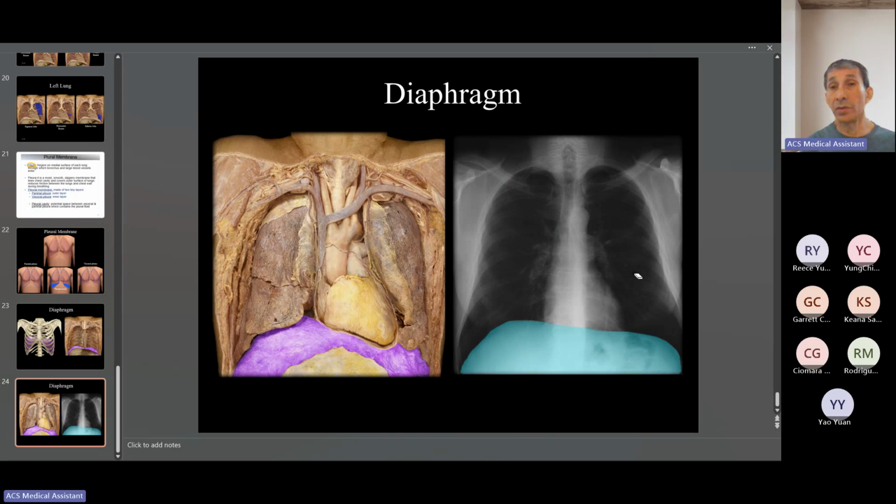So these are the most common conditions that we might encounter with the lungs. Remember, cancer being one of the worst, COPD, asthma, tuberculosis.